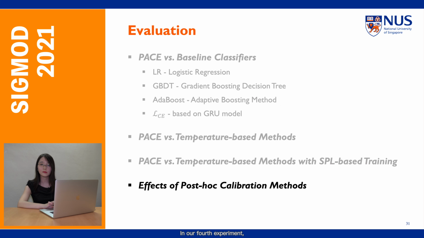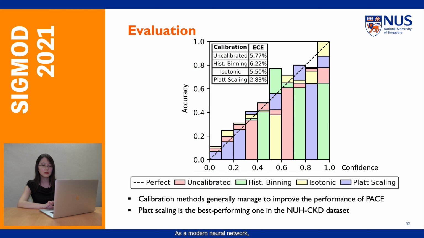In our fourth experiment, we investigate the effects of post-hoc calibration methods on the performance of PACE. As a modern neural network, PACE may not be well calibrated. To alleviate this issue, some post-processing confidence calibration methods are proposed and widely applied to supplement models' prediction results with a calibrated confidence measure.